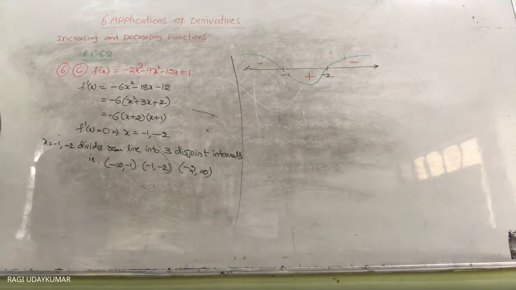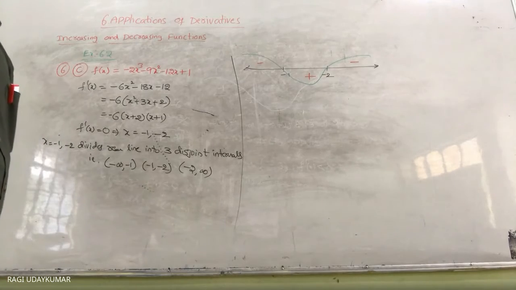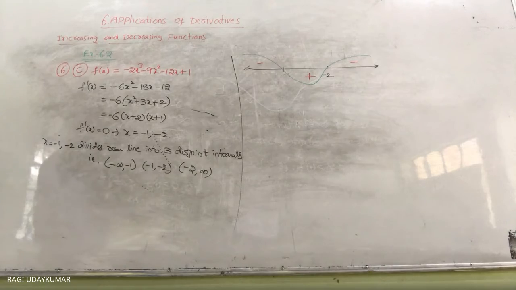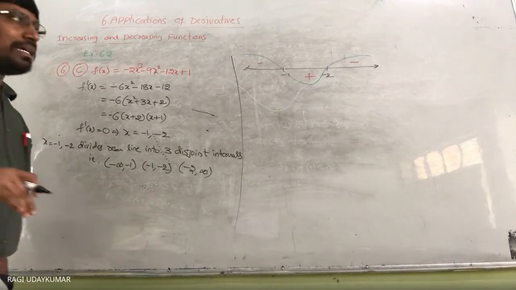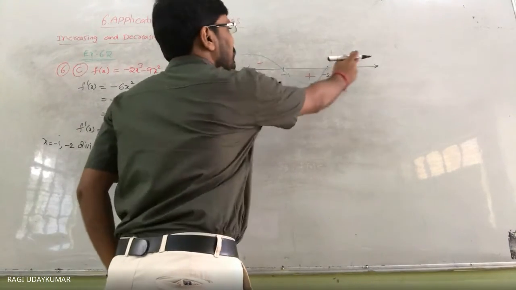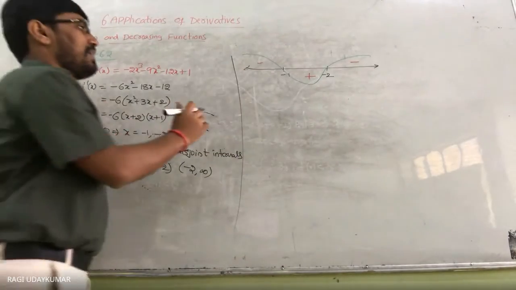So in which intervals is it decreasing, and in which is it increasing, positive or negative? In the middle interval it is increasing, and in the two outer intervals it is decreasing. So you can write it directly.